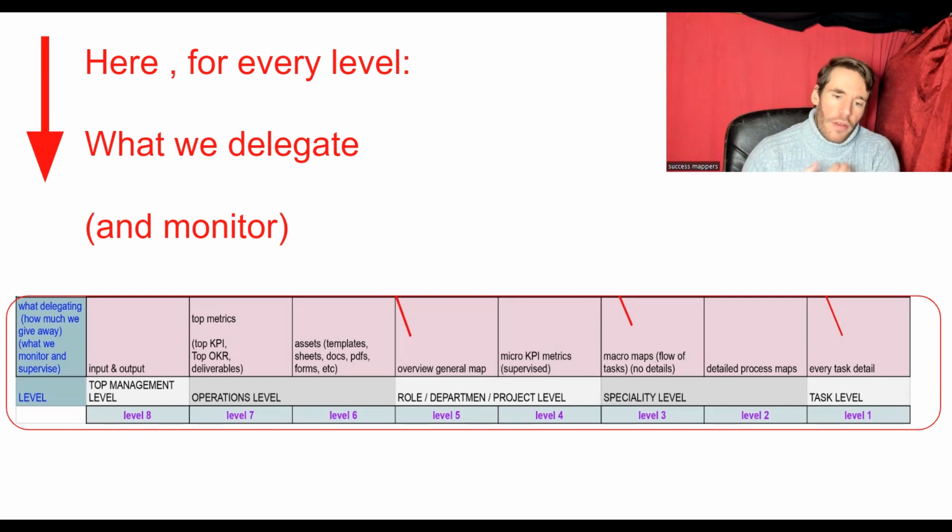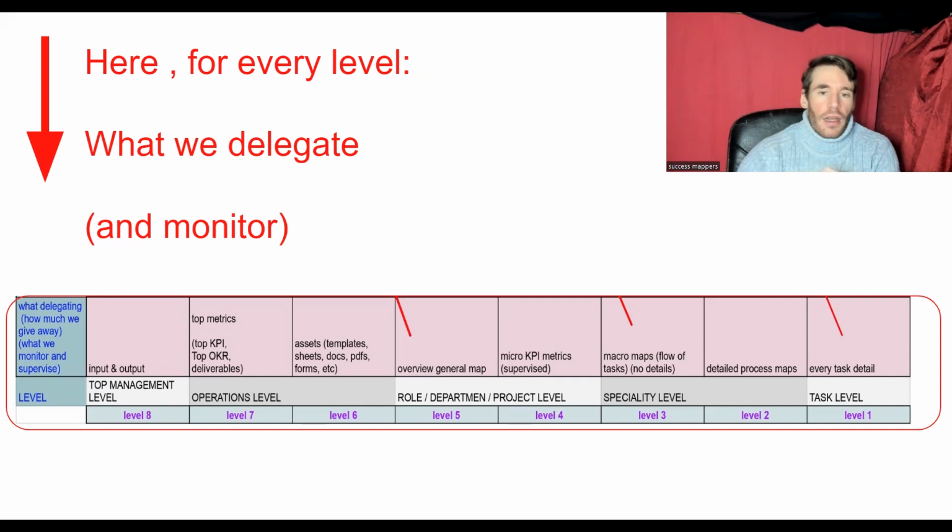If we want to go to level 3, we can remove the detailed process map of a specific task. Because in that case, the person will have a clear process in their mind, and maybe can also create a small map by themselves. And in this case we are adding more specialization skills.